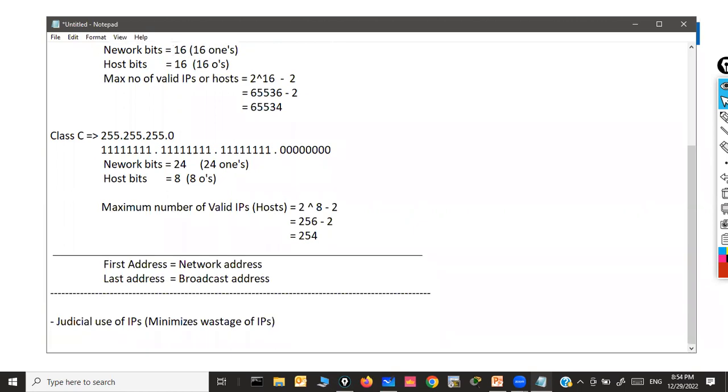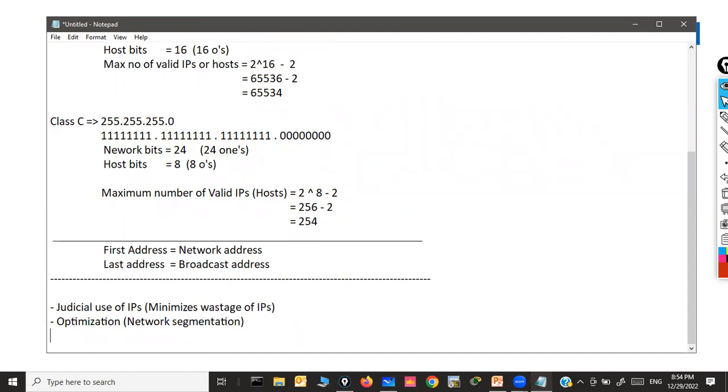And of course, if we are using small networks even in private networks, there will be optimization, because it is used in network segmentation, and also better management and administration.